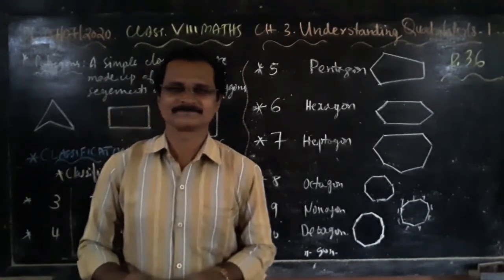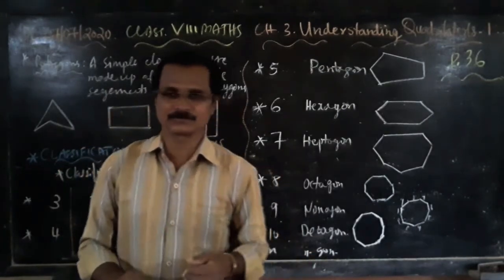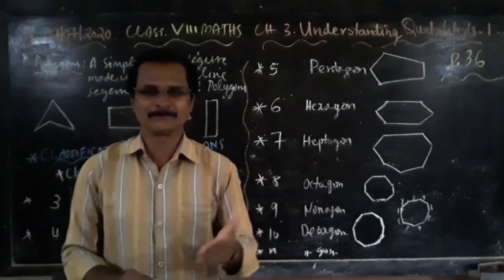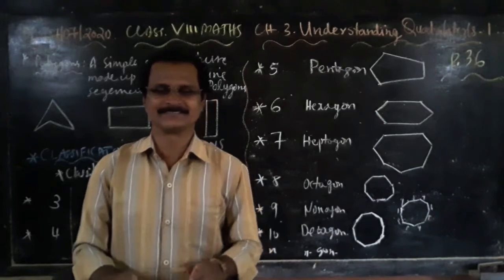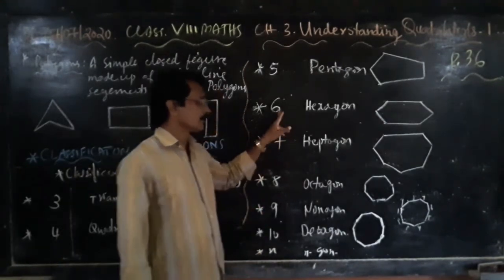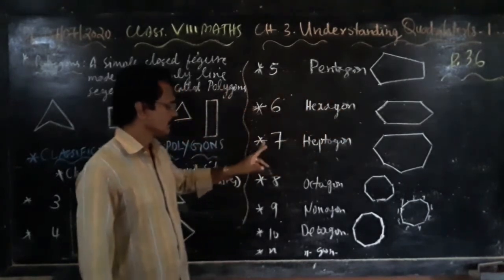Got it? So you need more practice. Draw again with pencil, so you can erase it with the rubber. So a polygon of 6 sides, the special name is hexagon.